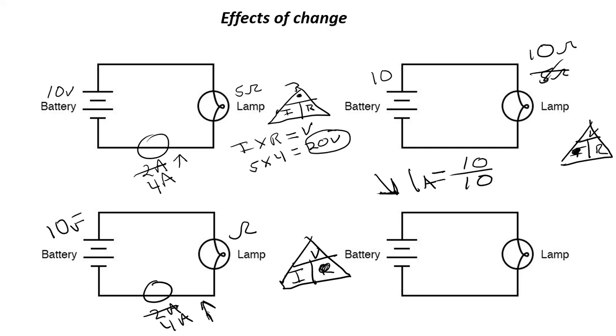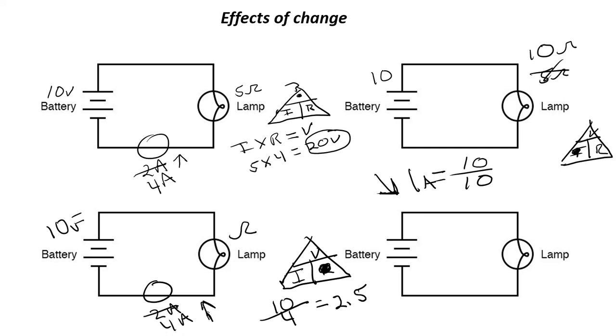I don't know my R, so I'm going to put my finger over that. That gives me V divided by I. Do I know what V is? Yes, I do. It's 10. Do I know what I is? Yes, I do. It's 4. So how many times does 4 go into 10? It goes in 2.5.